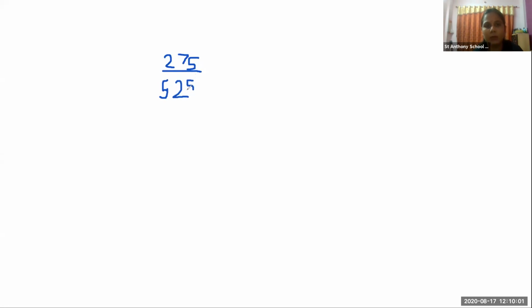We are going to learn how to find the HCF of these two big numbers. 275 is big and 525 is also big, right? So we learn how to find HCF by division method.